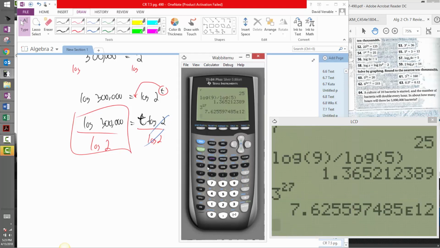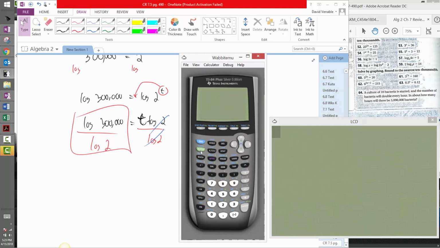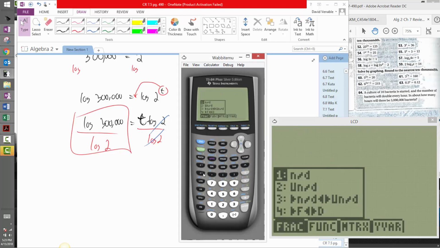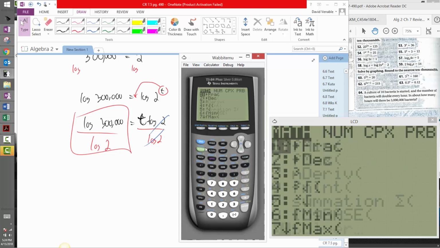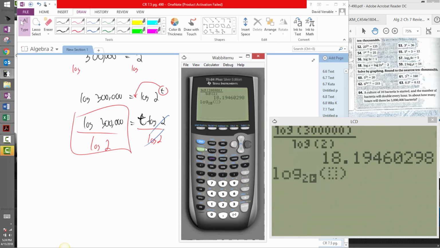Let me do log of 300,000, 1, 2, 3, 4, 5 is how many zeros I do, over log of 2. But because this is 2 to a power, I could have done this. Math, scroll up, go here, log base 2 of 300,000, and notice how they come to the same thing.